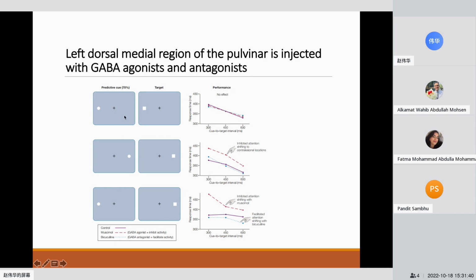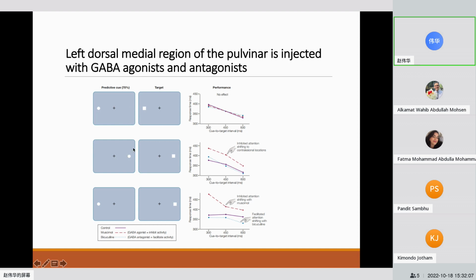And for the trials, the peripheral cue can predict the target, with 70% probability of predicting the location of the target. There are three conditions. One is the left frontal eye field.